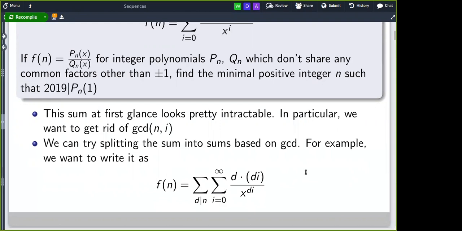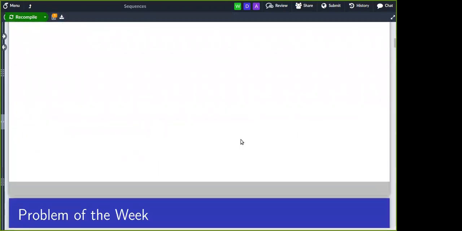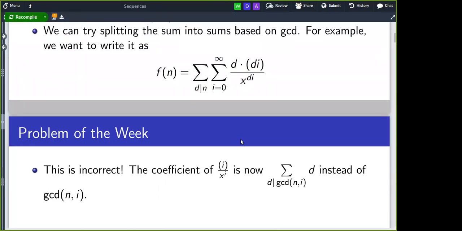The main problem here is that the coefficient of i over x to the i just isn't the GCD of n and i. If we consider the coefficient of i over x to the i on the next slide, it's actually going to be the sum of d where d divides the GCD of n and i. Does that make any sense?